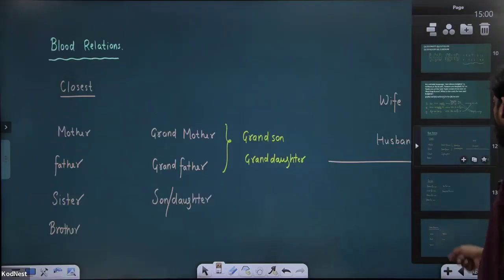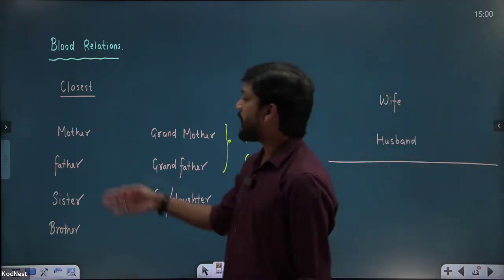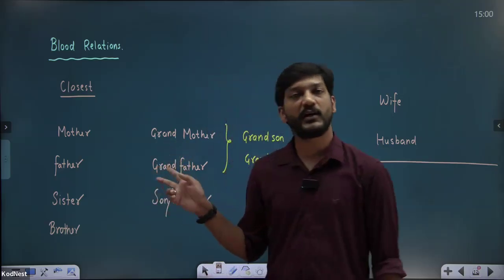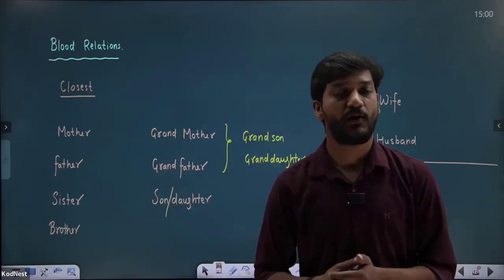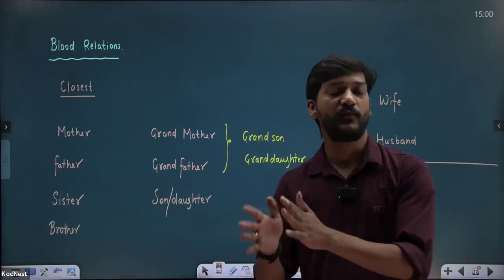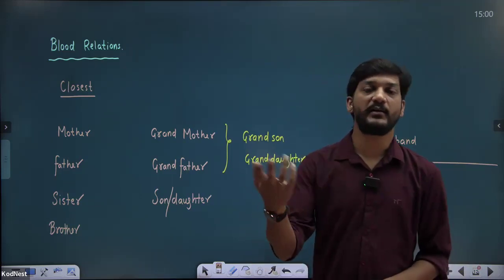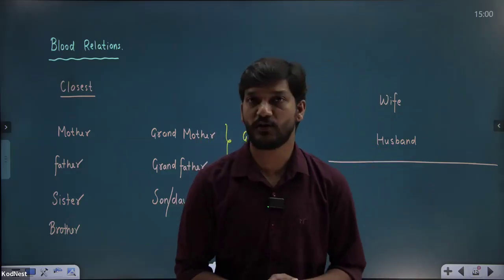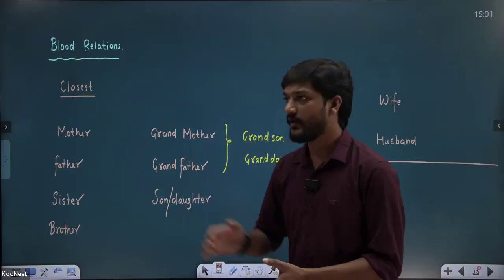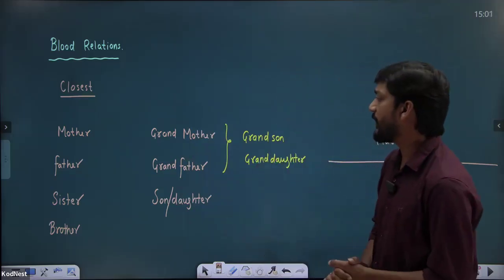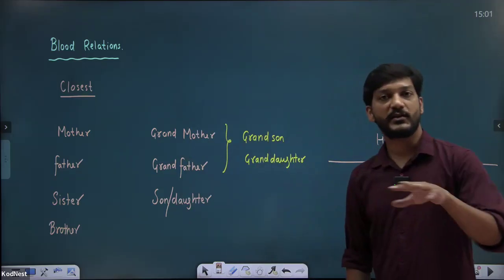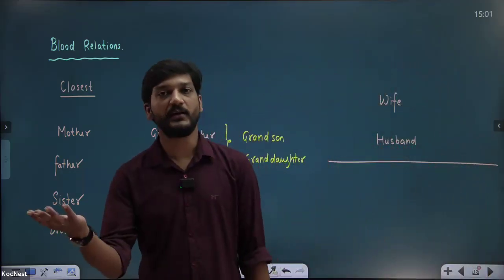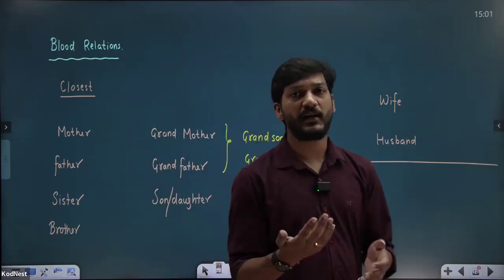Now, all of you know the meaning of mother, father, sister, brother, grandmother, grandfather. Grandmother and grandfather will be two sets: one from your mother's side, one from your father's side. Your mother's parents also are your grandfather and grandmother, and your father's parents also. In Hindi and other Indian languages we have different names for mother's parents and father's parents, but in English we don't.